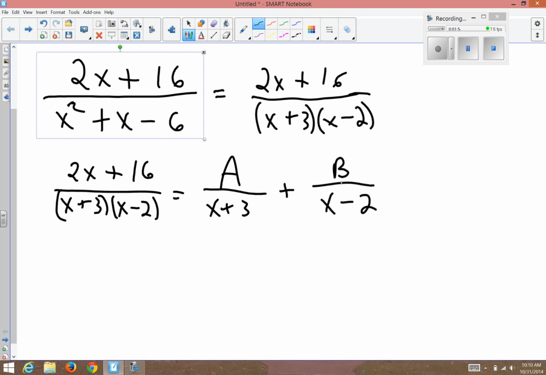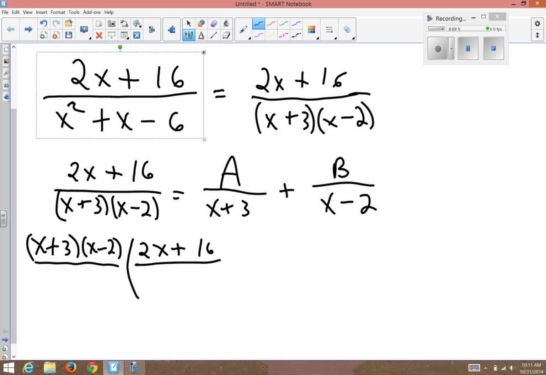We're going to multiply both sides of this equation by the common denominator. The next step would be one you should be able to do in your head, but I'm going to write it down. This is the common denominator. Multiply that by this side of the equal sign, 2x plus 16 over x plus 3 times x minus 2.